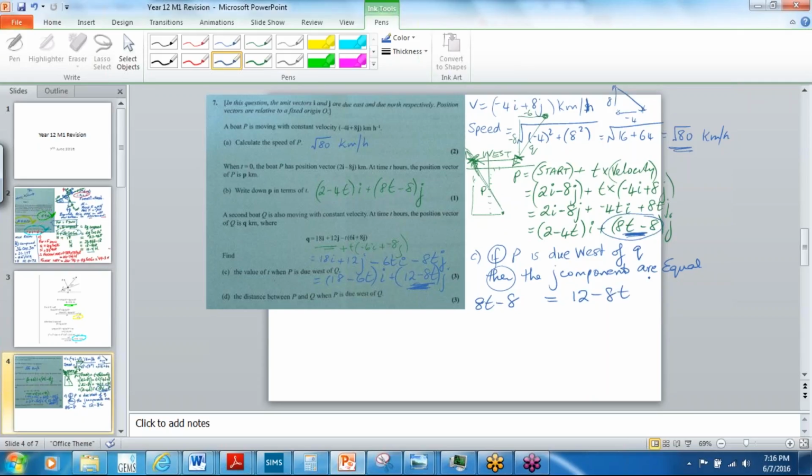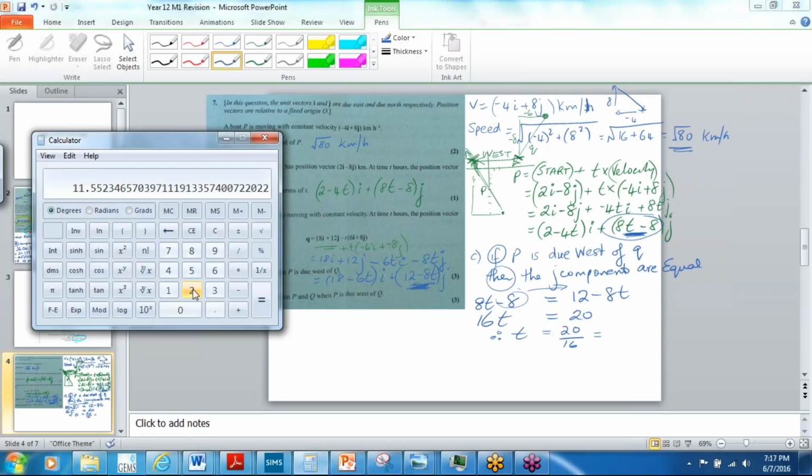So let's solve this simple equation. Bring the minus 8t over to be plus 8t. So that's 8t plus 8t, 16t. Take the minus 8 over to be plus 8. So 12 plus 8 is 20. Therefore, t will equal 20 over 16.